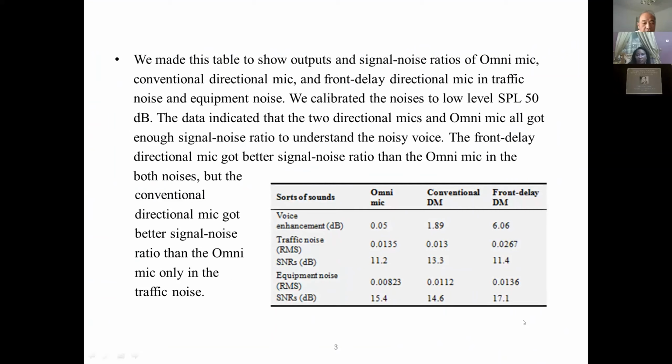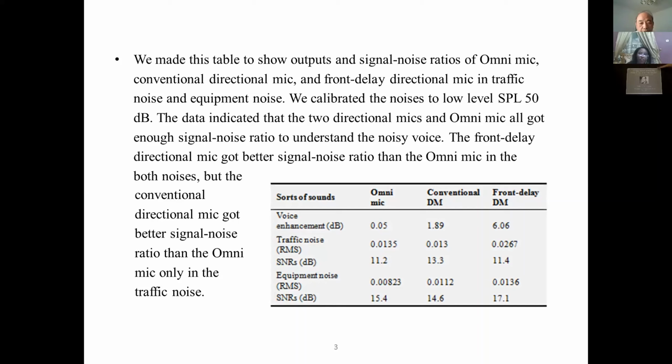Okay, now, sorry about that. I made this table to show the output and the signal noise ratio of omni mic, conventional directional mic, and the front delay directional mic in traffic noise and equipment noise.